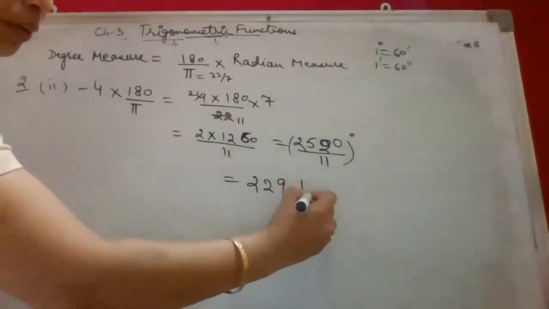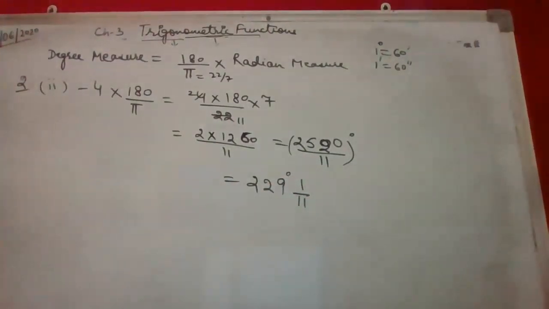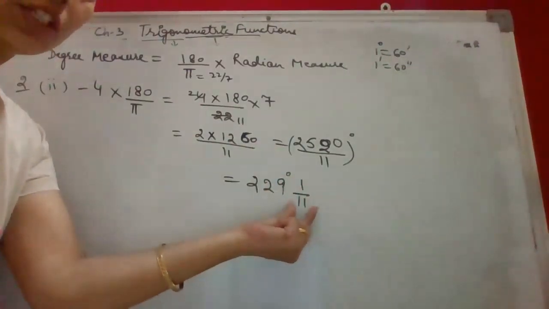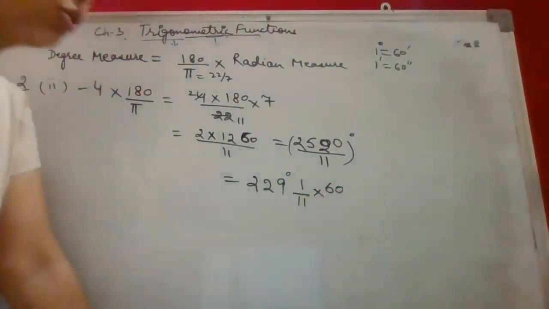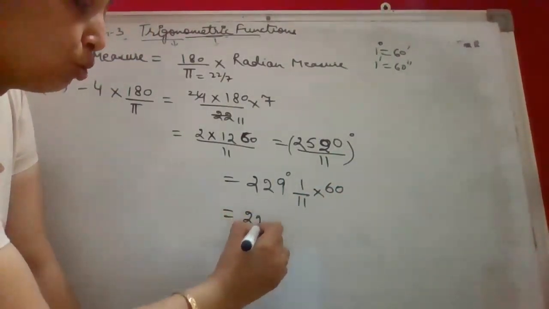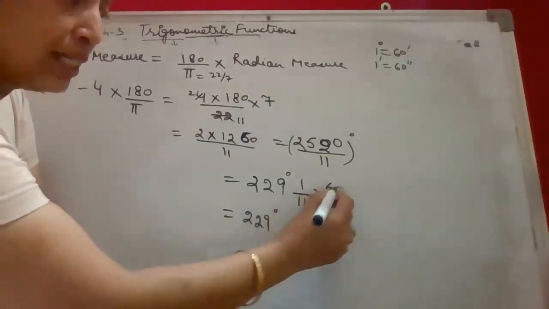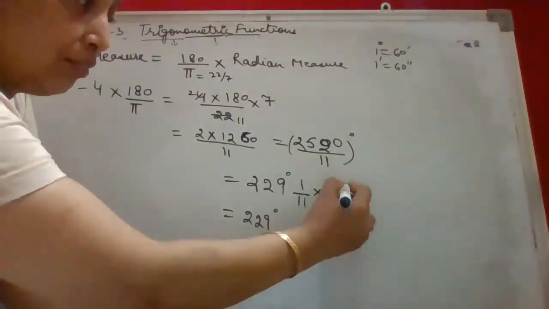And 1 upon 11 is left. So this completely comes out in degrees. And whatever is left in fraction, we will multiply it by 60 to convert into minutes. So we have 229 degree 60 upon 11 minutes, right?